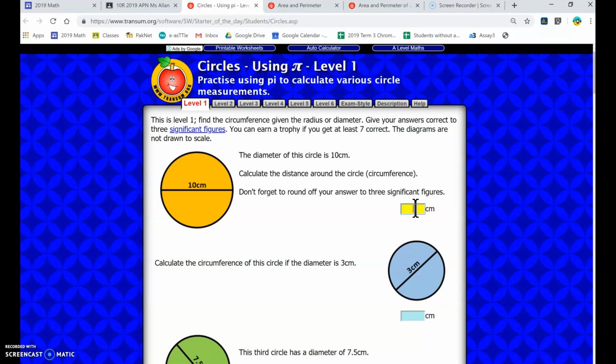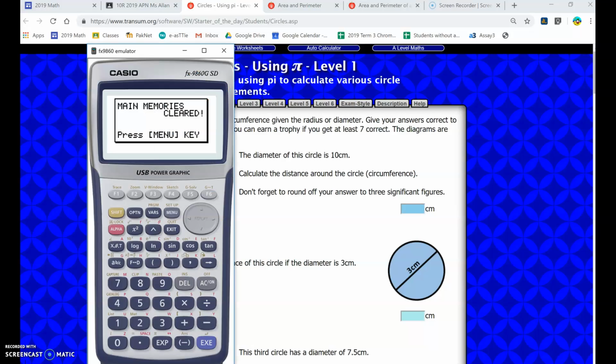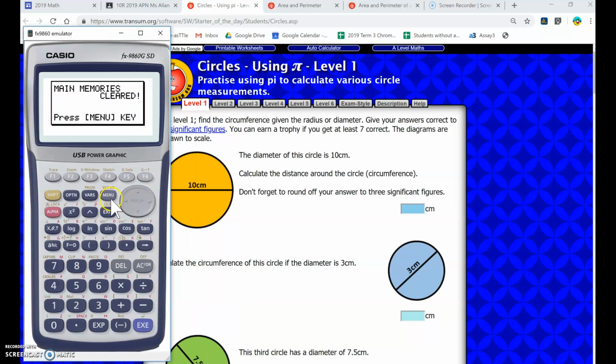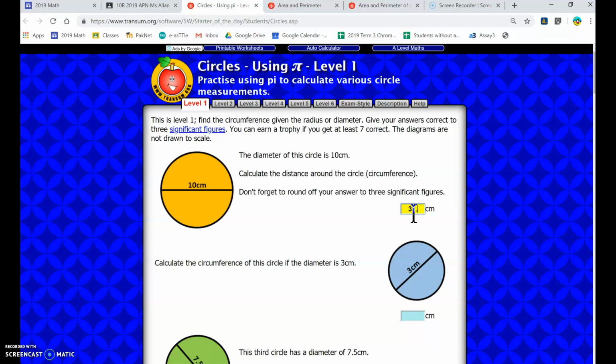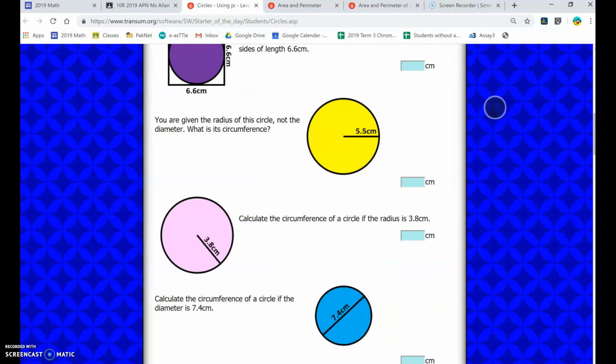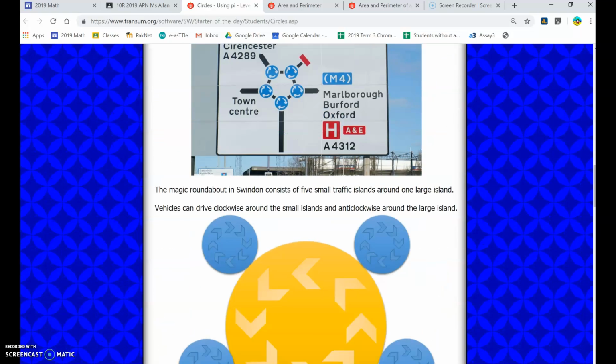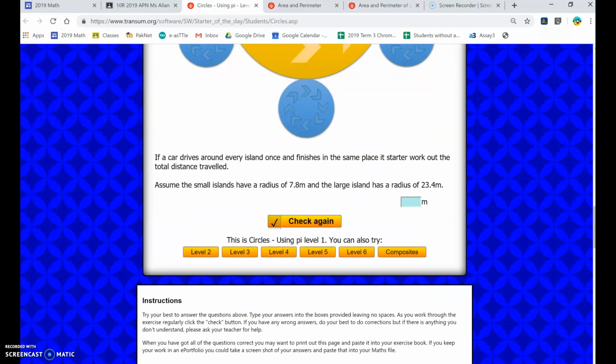So if we times it by 10, I'll do this on the calculator, shall I? Okay, so we need to go menu, execute, and we go shift pi times the diameter. And so we've got 31.4 because we had to have 3 significant figures. And there's some really cool questions at the bottom there.